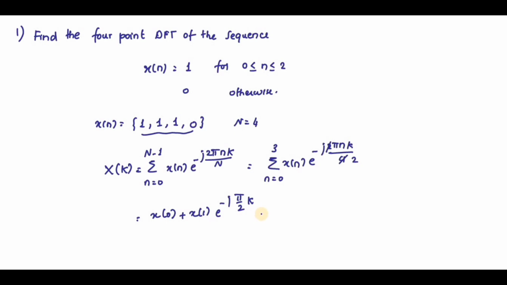Okay. Plus x of 2 e power minus j pi into k plus x of 3 e power minus j 3 pi k divided by 2. Okay.